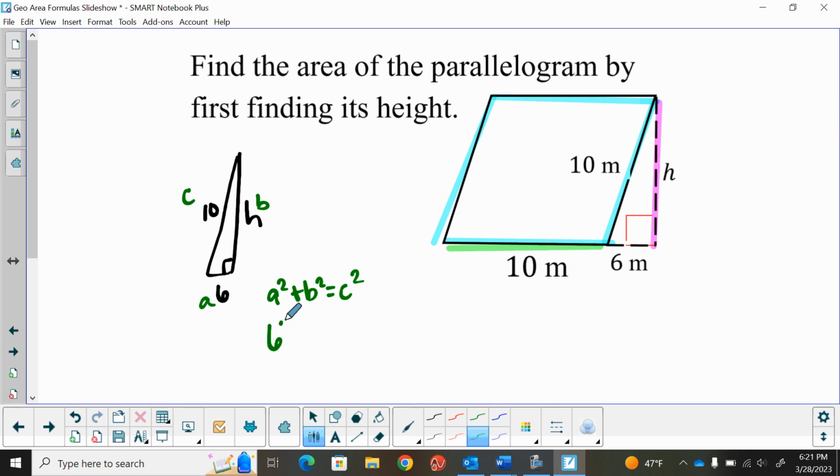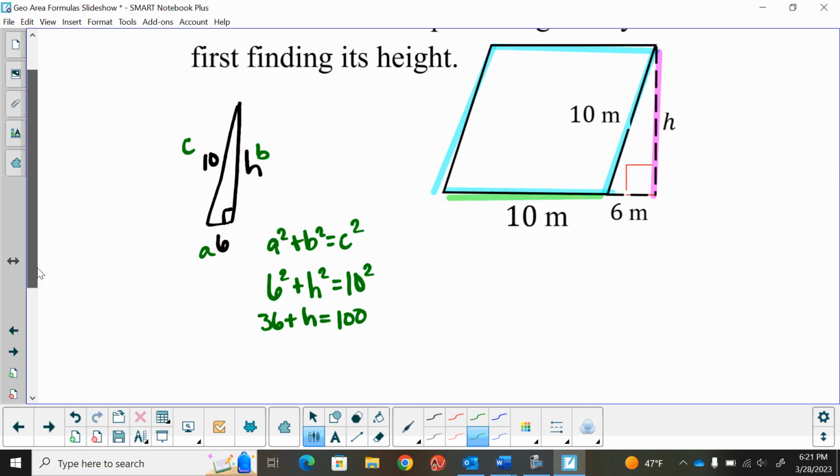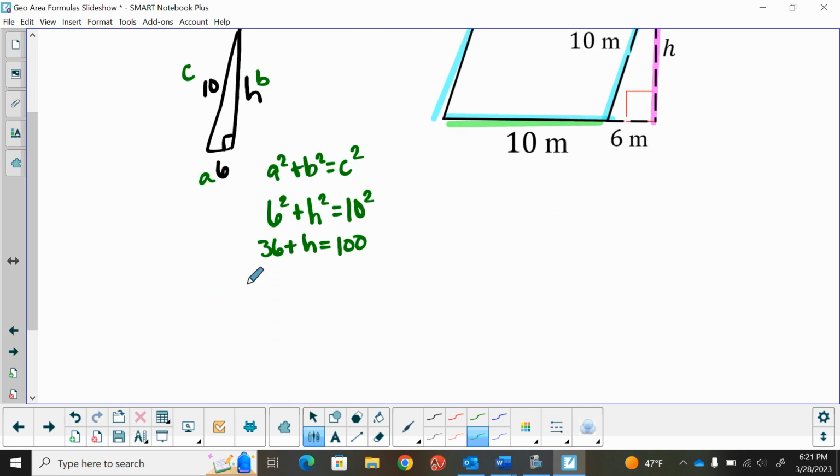So we can set up 6 squared plus h squared equals 10 squared, which is 36 plus h squared equals 100. And then if we subtract 36 from both sides, h squared equals 64. Take the square root of both sides.